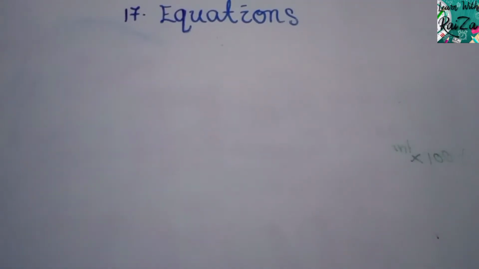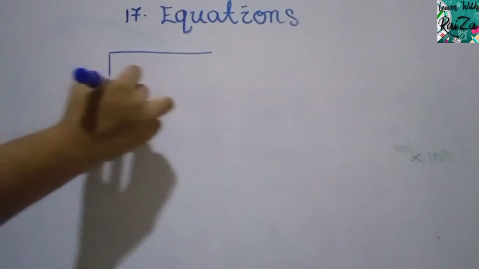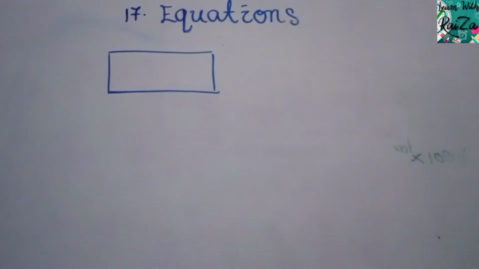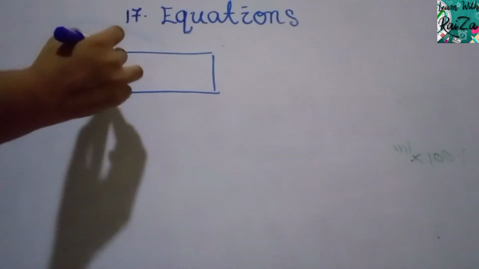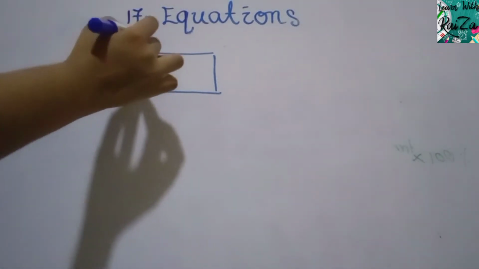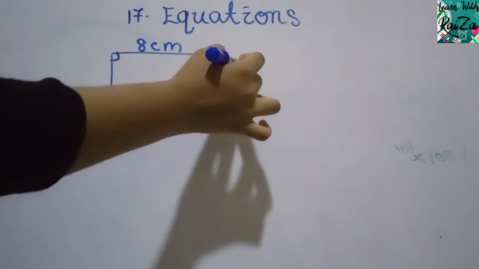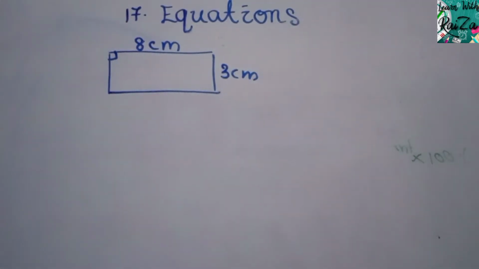First I will teach you the formation of a simple formula. Let me take an example: a rectangular floor. You know what a rectangle is: all the angles are 90 degrees, and opposite sides are equal. If I take this side as 8 centimeters and this as 3 centimeters, and I want to find the perimeter of this rectangle, listen carefully.